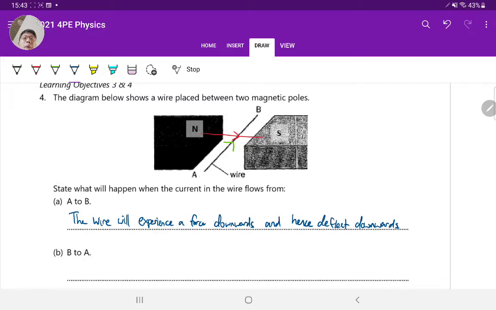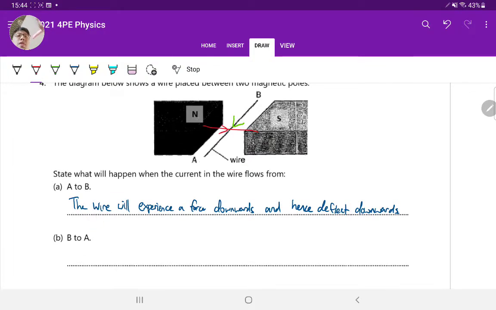Now, part B, what if the current goes from B to A? So now my current is going from B to A. My field is still north to south. So force, field, current. Current goes from B to A, middle finger. Field left to right, my force is upwards. Of course, if you did the first one correctly, you know that if you change the direction of current, my force will be opposite, will flip also.